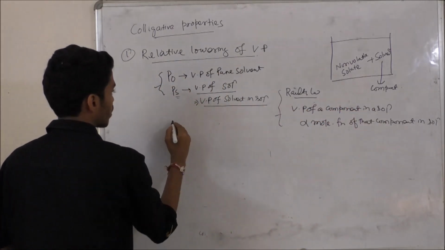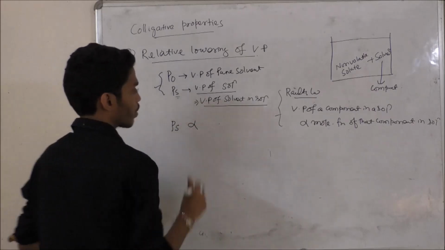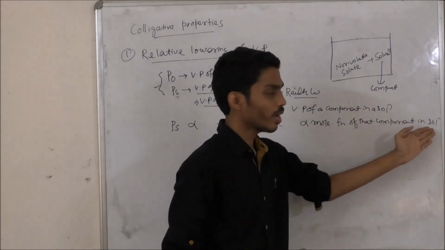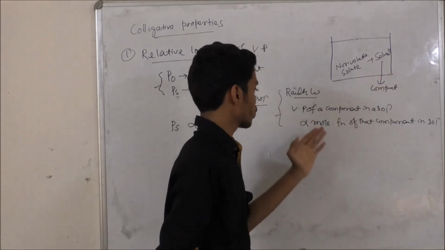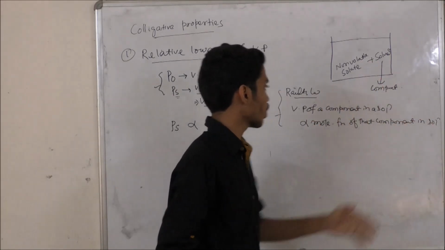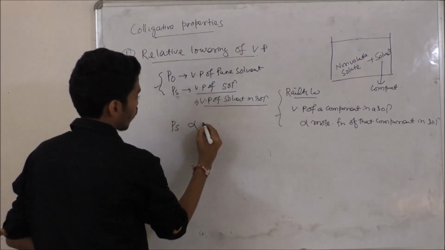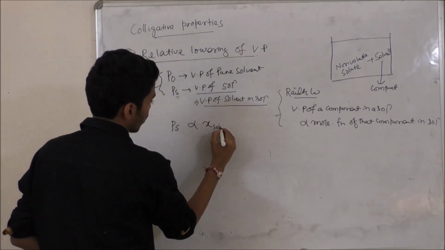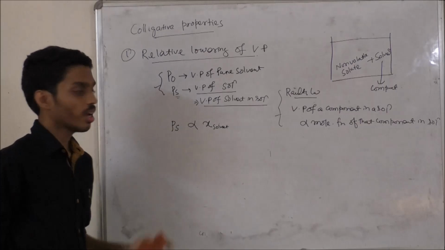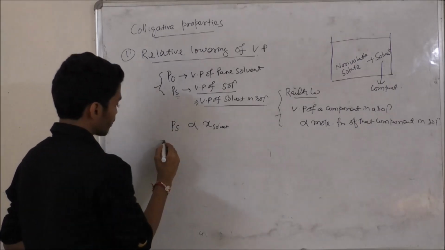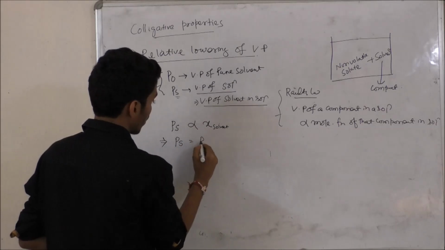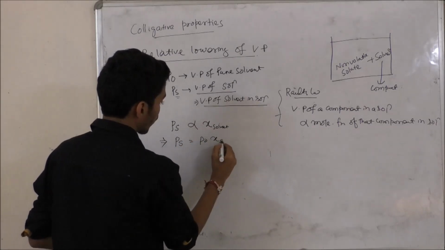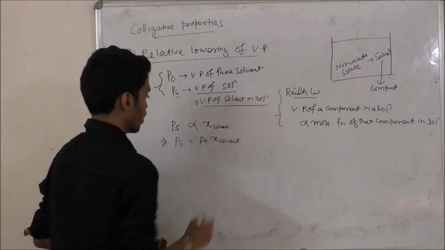So let's write first: PS is directly proportional to the mole fraction of that component in solution. And I told you we have taken our component as the solvent, so the mole fraction of solvent in solution. It will be PS equals P naught into the mole fraction of solvent.